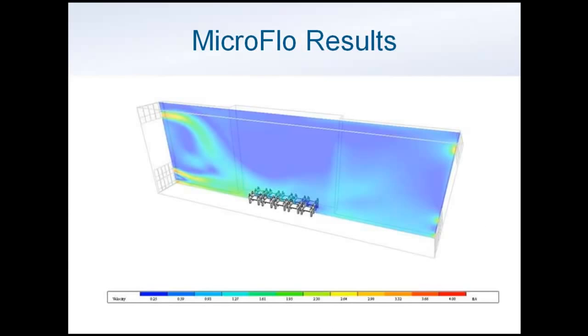And here you can see our first round of results where we're now using the MacroFlow tool, so computational fluid dynamics, where we're looking at the airflow through the atrium space. And we've added CFD people here to be representative of the occupants that will be in that lobby space. So they have a heating component to them. They have a 200 BTU sensible component as well as a latent component.